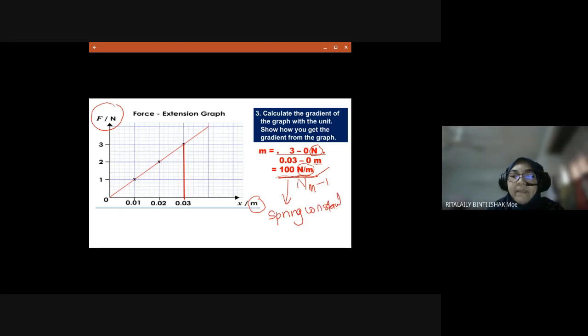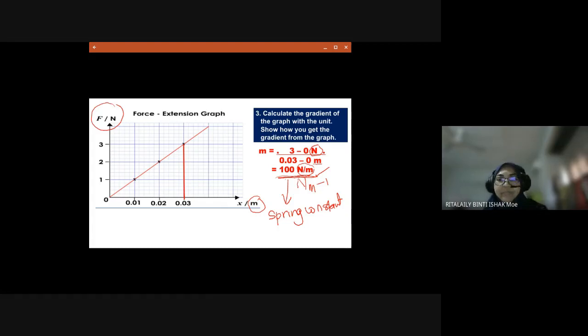Okay, if we have a spring that is identical, the same initial length, the same diameter, the same material, the spring constant would be the same.